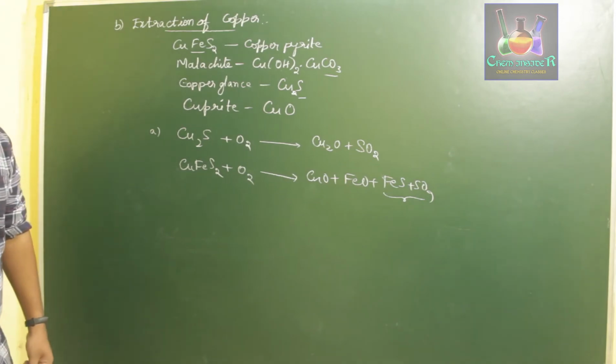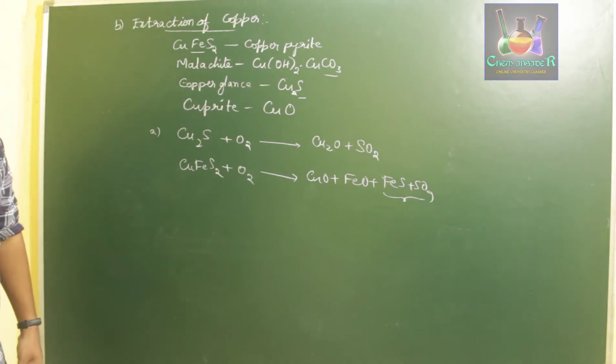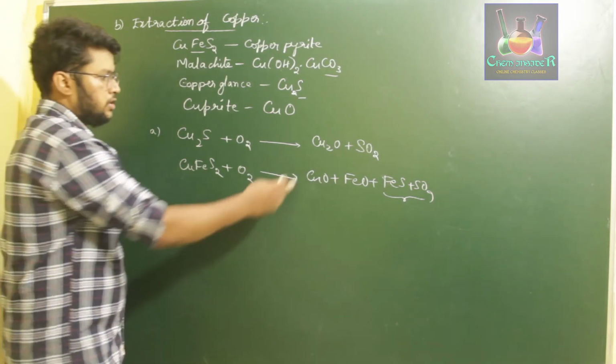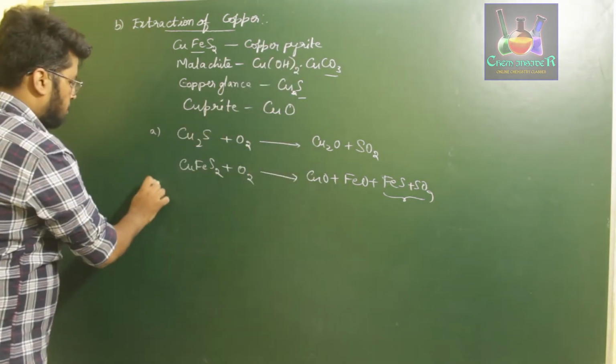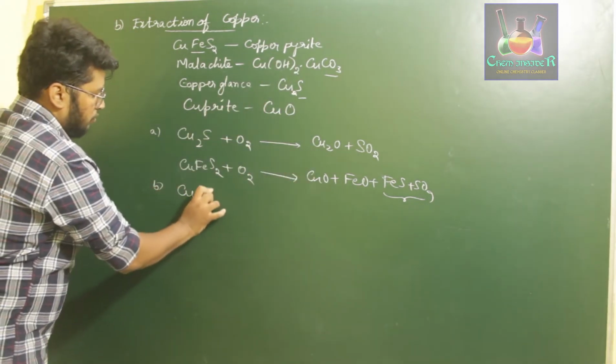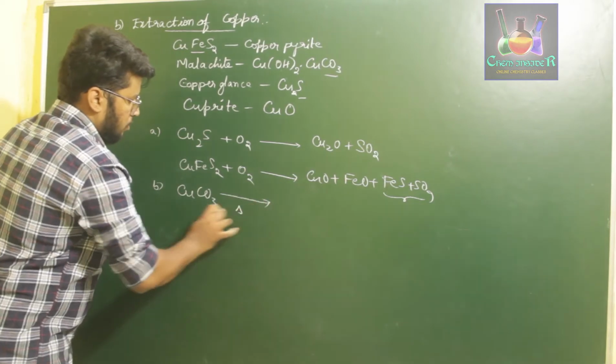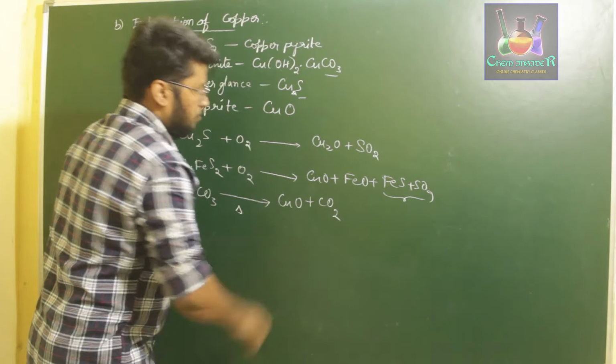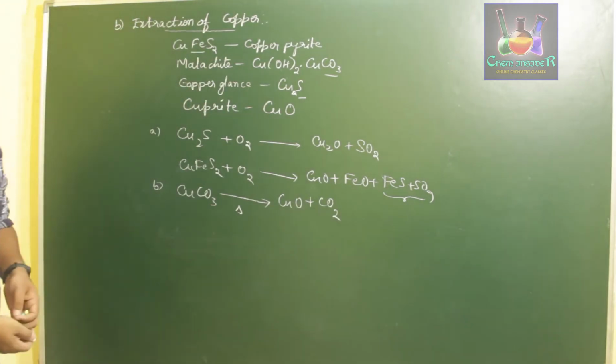This Cu2O can further be converted to CuO. In the case of cupric carbonate, CuCO3, we just have to heat it, and we get CuO with CO2. So these are the different oxides of copper.